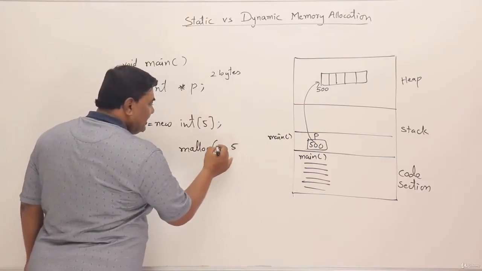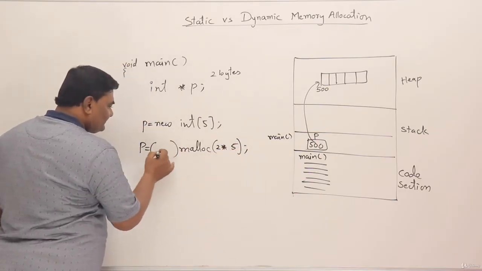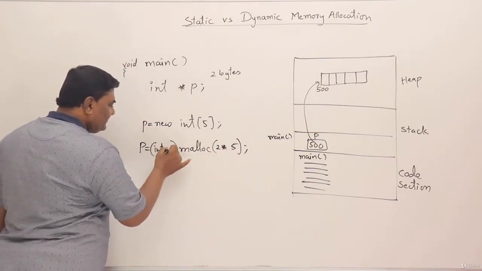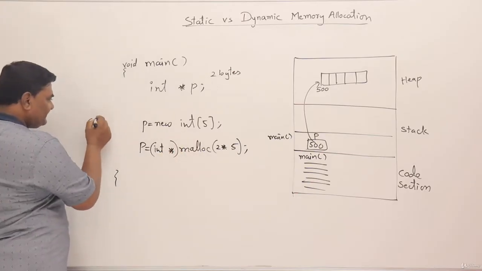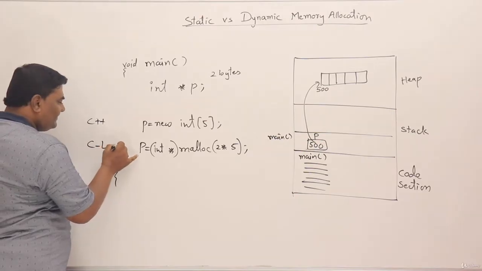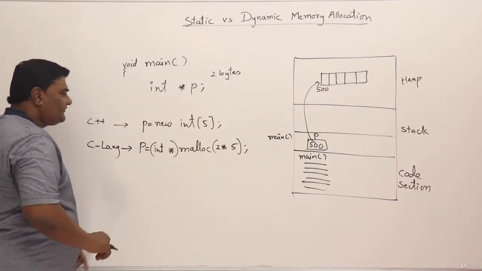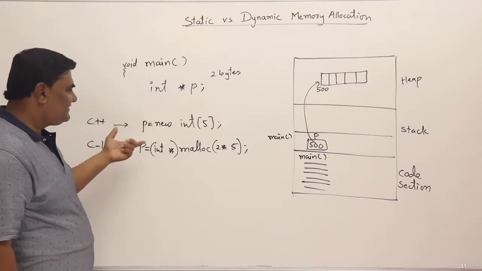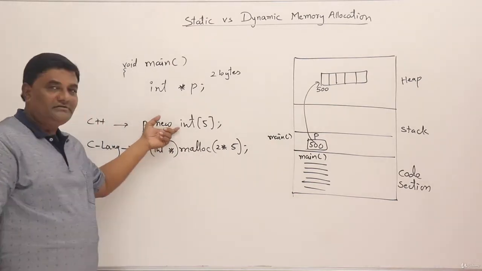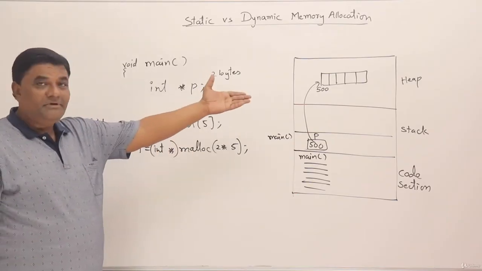Assuming an integer takes 2 bytes, this is 2, and I have to typecast it as integer type. So this is the code for C++, and this is the code for C language. Most of the time I'll be using this one, as this is a little lengthy. So that's all: new is used for allocating memory in the heap.